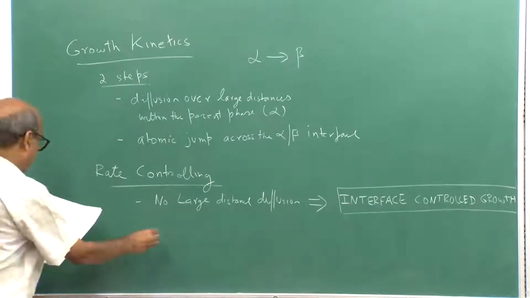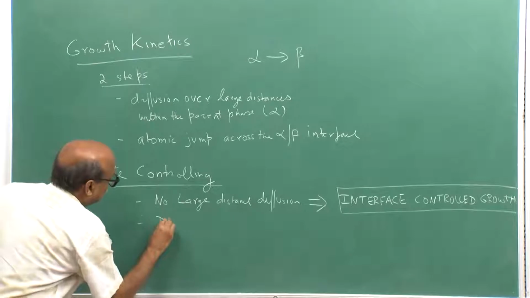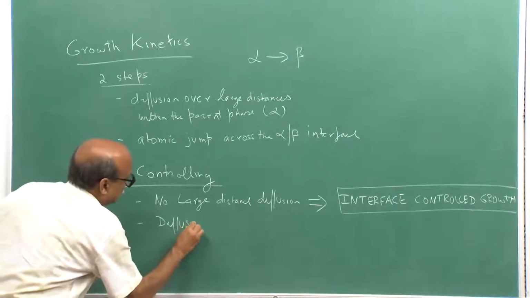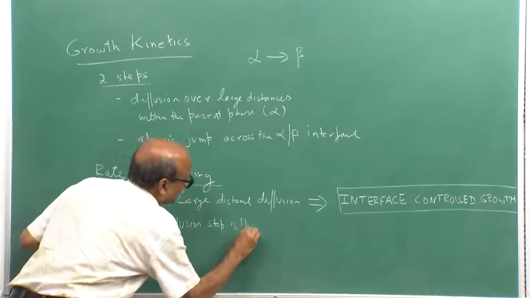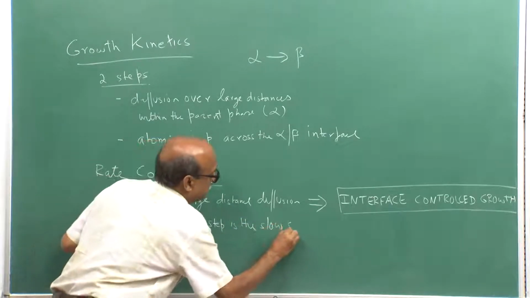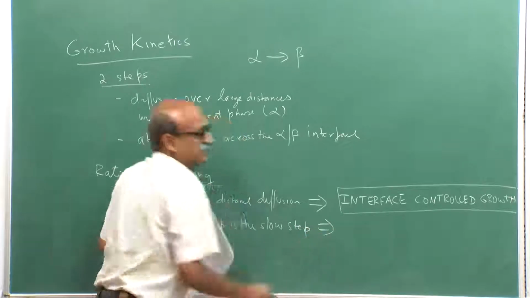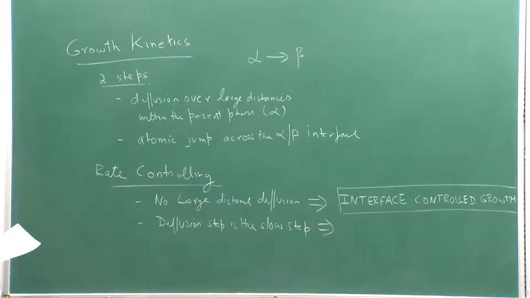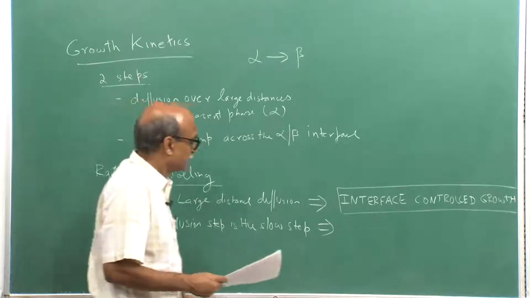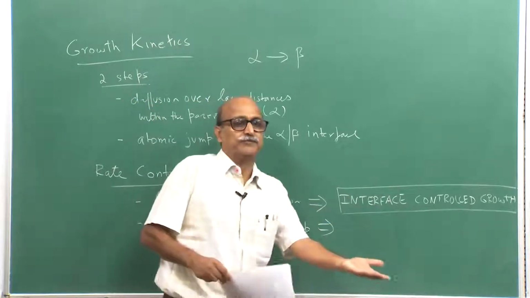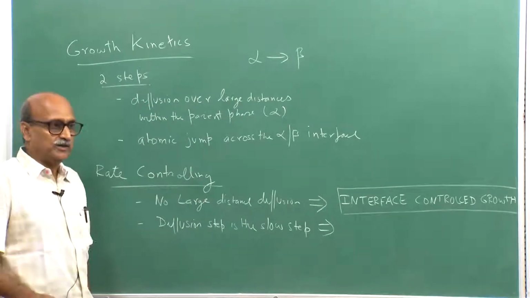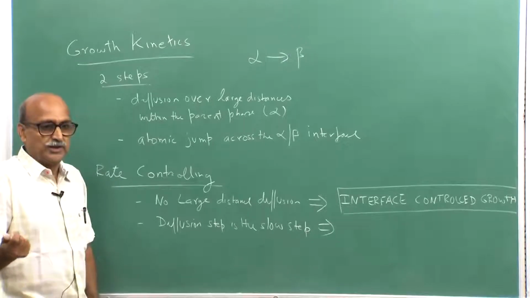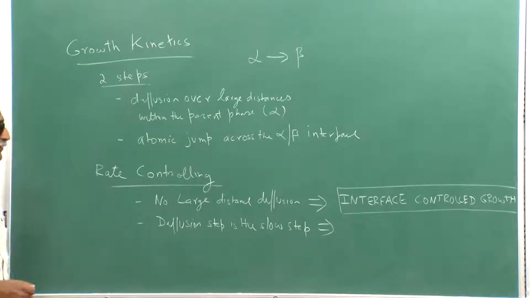A second scenario is that the diffusion step is the slow step, and that can occur in many alloy systems. For example, it could take place in austenite phase of steel transforming to the ferrite phase of steel.